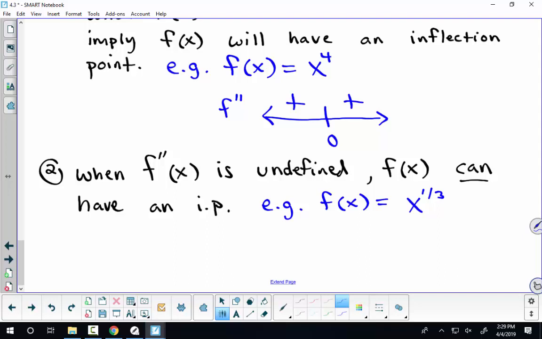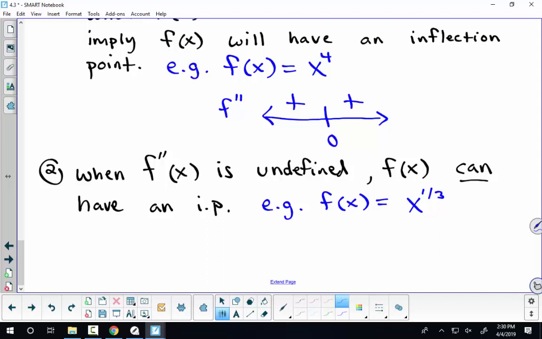The second derivative of that function is undefined, but there is an inflection point. And that's true if we remember the stuff with the first derivative as far as local minimums or maximums.